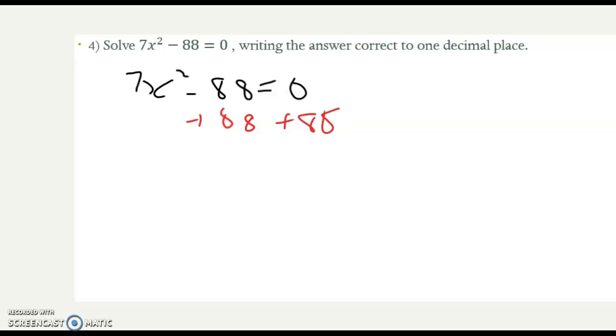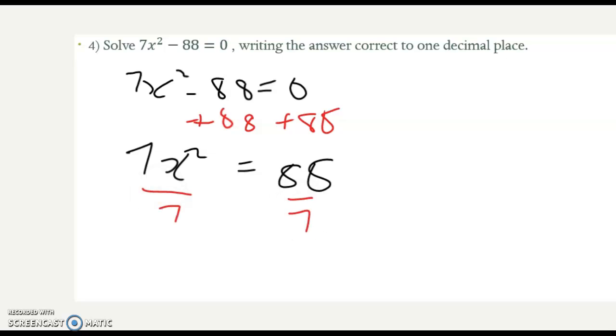Then I'm going to get left with 7x squared is 88, because that negative 88 and that positive 88 cancel out. My next step is to get rid of that 7, dividing both sides by 7.